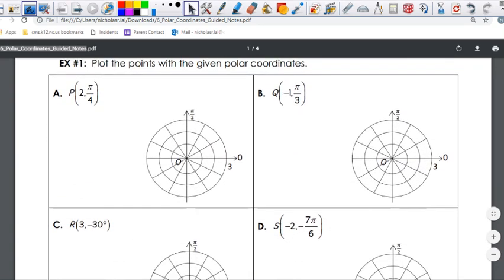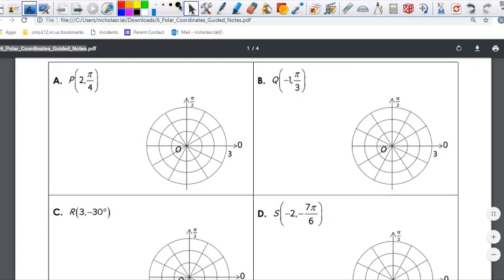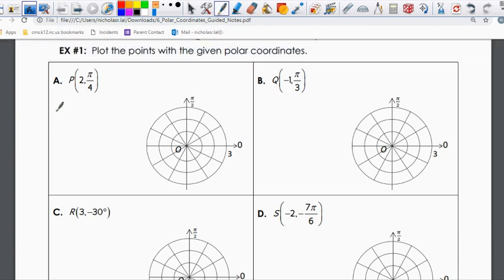All right, so plotting points in the polar system. We're going to rotate pi over 4 radians, and then move 2 units forward.